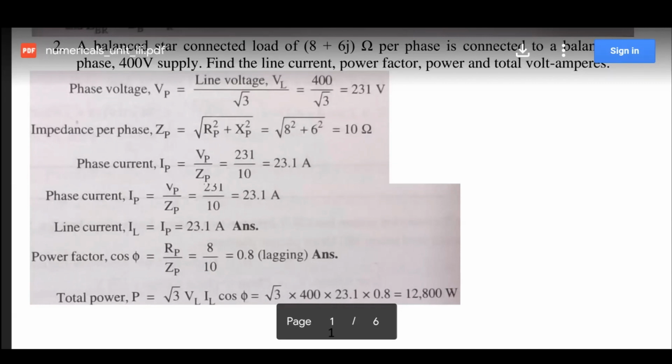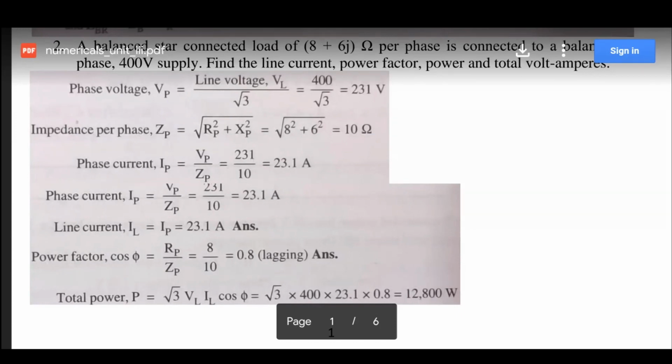First is that, as in the case of the single phase system, I have told you that whenever we are required to calculate the power and it is not given which type of power is to be calculated, because powers are of many types: average power, true power, real power, apparent power, instantaneous power, reactive power.